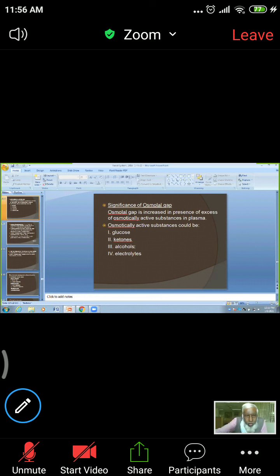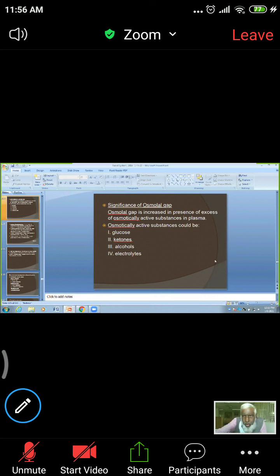In Western countries, the police use this osmolar gap by osmometer and can understand. If they find the gap is more, they understand that this person could be alcoholic.